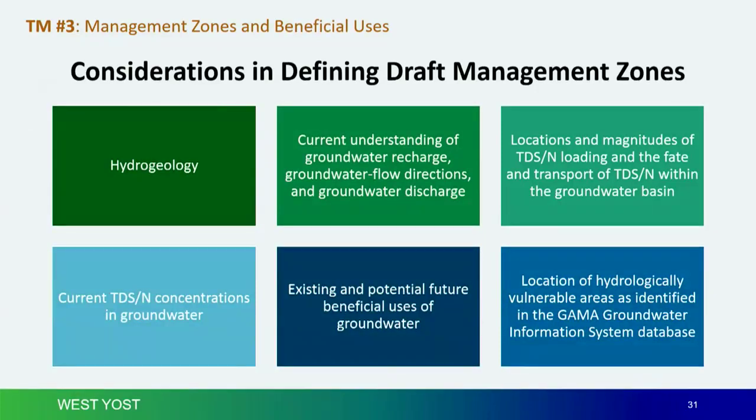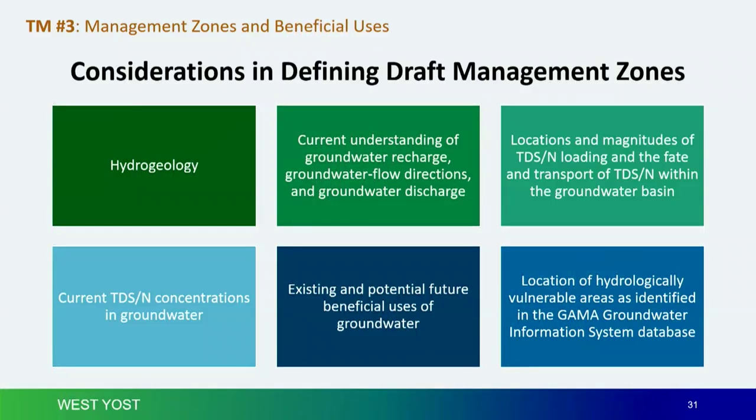These are all the various considerations that go into developing our management zones. Like I said, the hydrogeology, the current understanding of where groundwater recharge is occurring, how groundwater flows and where it discharges. That's important information. Where the TDS and nitrate is being loaded to the basin, and how it's transported through the basin. What groundwater quality looks like currently in the groundwater basin.